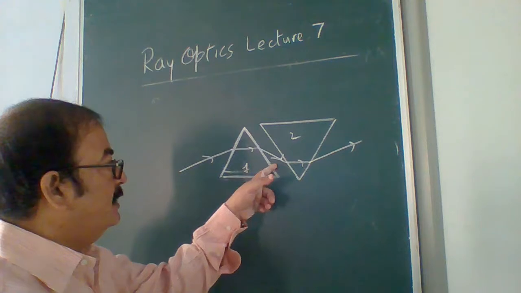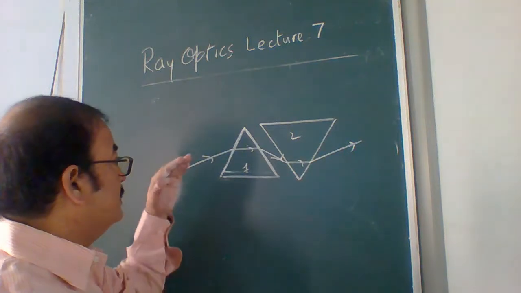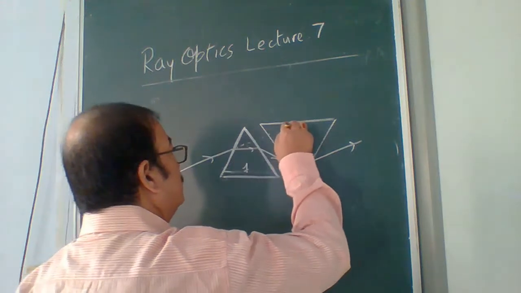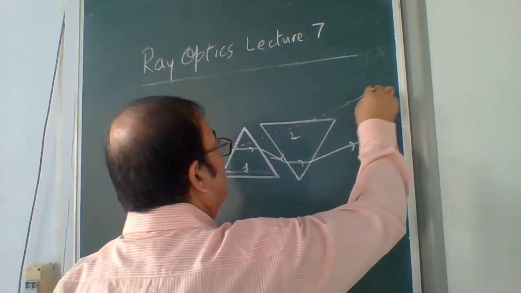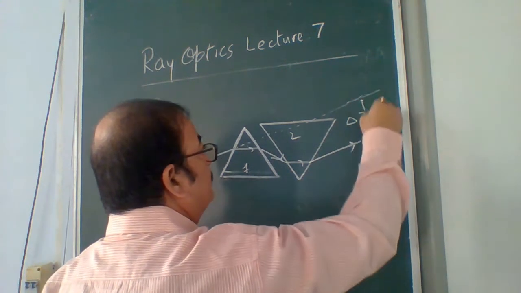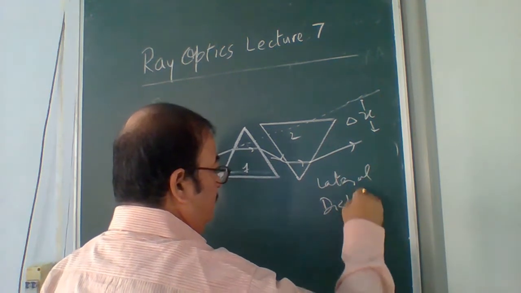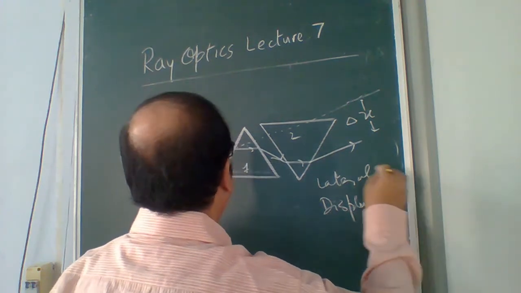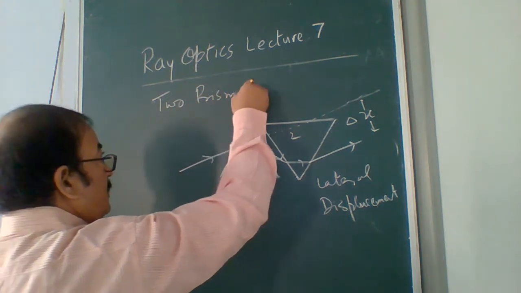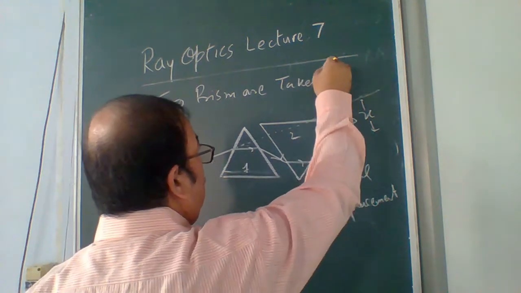Now it will be the emergent ray. This will be the incident ray for the second prism, and this will be the final emergent ray. You can see this incident ray and final emergent ray are parallel. That means if we try to extend them, they will always have a lateral displacement, when two prisms are taken together.